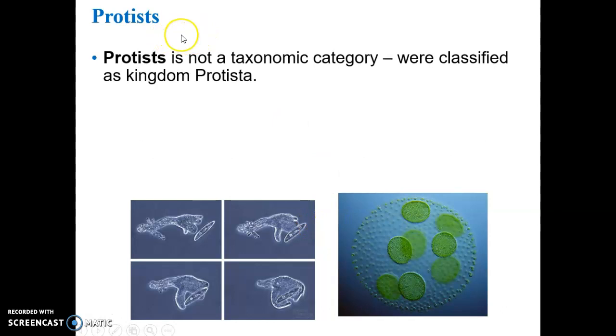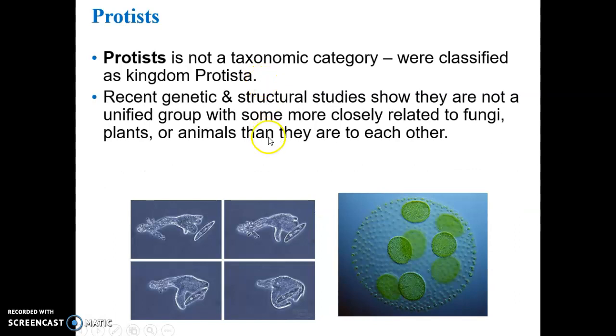So the protists are pretty varied. In fact, they are so varied that they are no longer considered a true taxonomic category. They used to be called and grouped into kingdom Protista, but that's actually not correct. The evidence clearly shows that the protists actually belong to multiple kingdoms, and that's still being clarified.